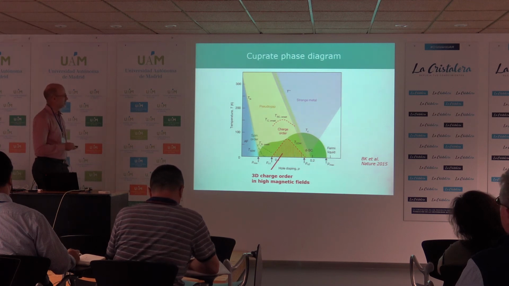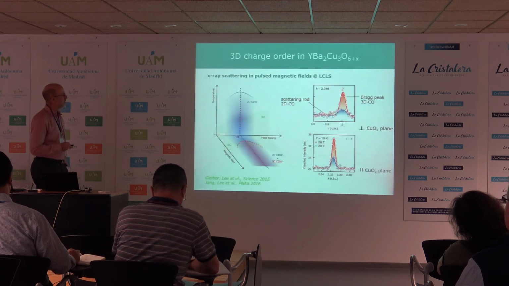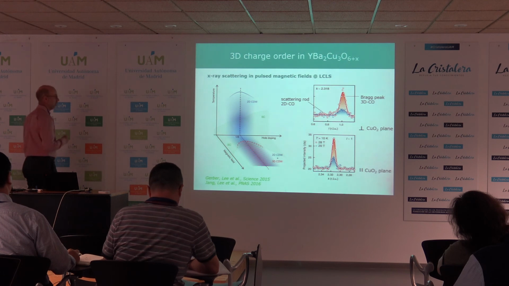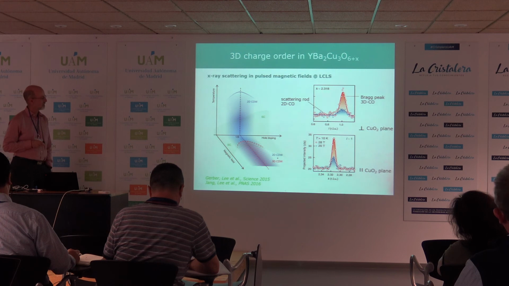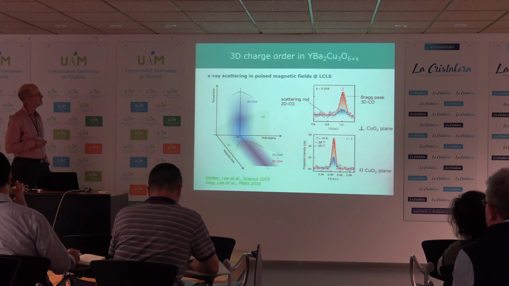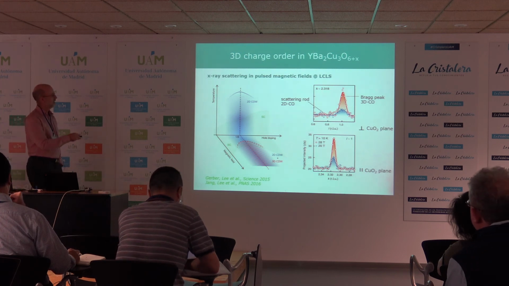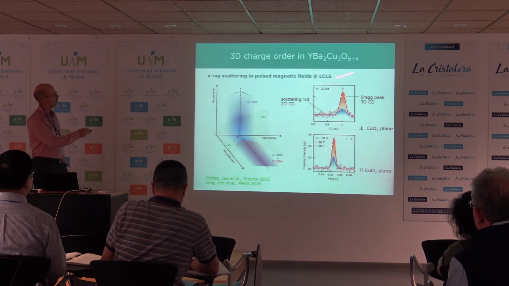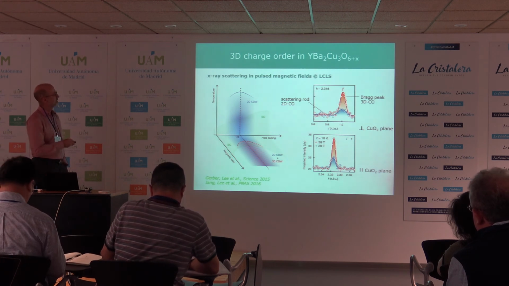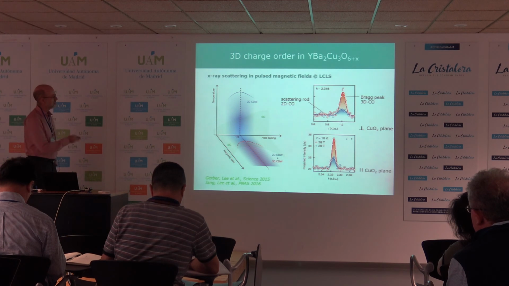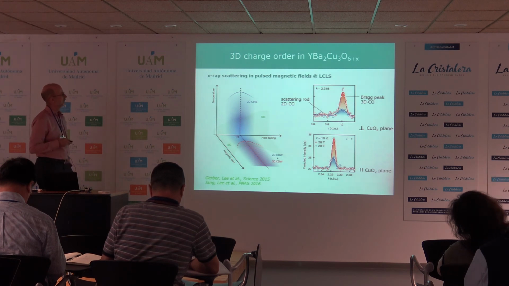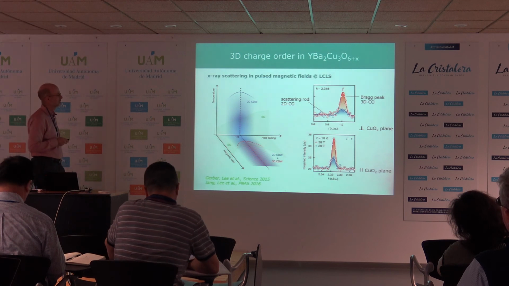But the first evidence that three-dimensional charge order exists in high magnetic fields was given in this paper here by Arisha and Lee's group at Stanford University. They studied YBCO in pulsed magnetic fields up to about 28 Tesla at the LCLS, which is a pulsed X-ray source.